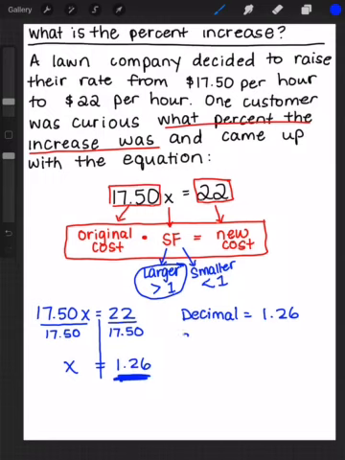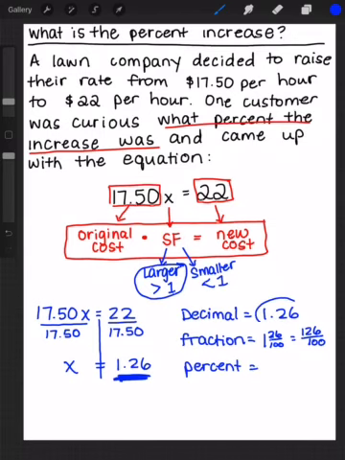As a fraction, we could put 1 and 26 hundredths, or a whole 126 hundredths. To change this to a percent, we take our decimal and move the decimal point over two places to the right, so we have 126%.